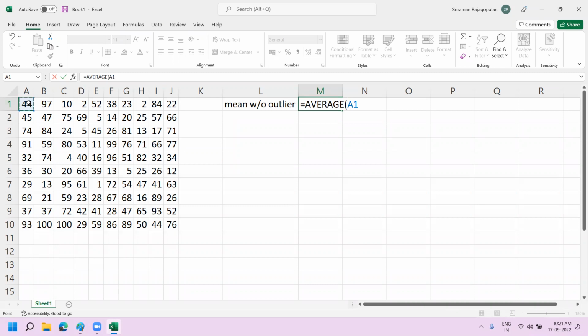So for my sample, it goes from this cell to this cell. Select the entire range. So the average I get for this sample is 48.35.